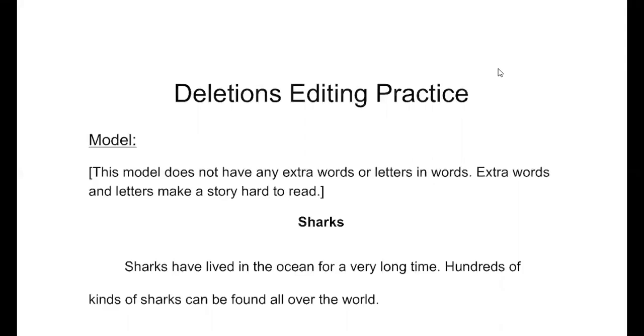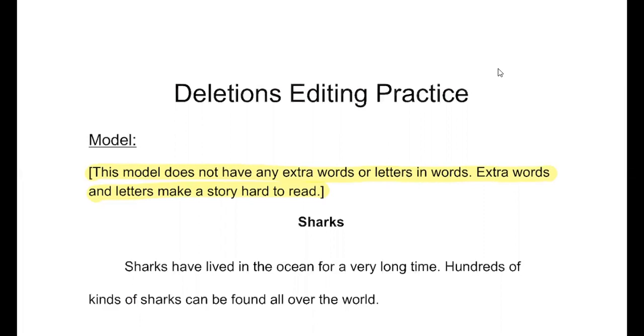It says, this model does not have any extra words or letters in words. Extra words and letters make a story hard to read. So another thing we have to do when we're editing is look for extra words or letters in words so that our paper makes the most sense possible.